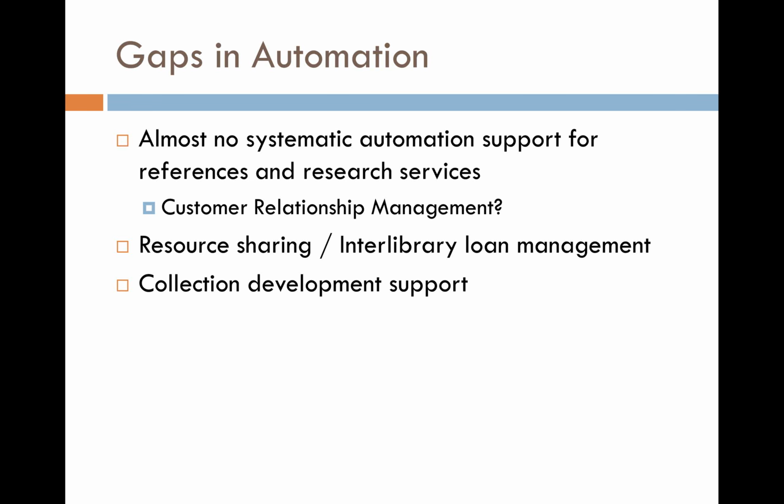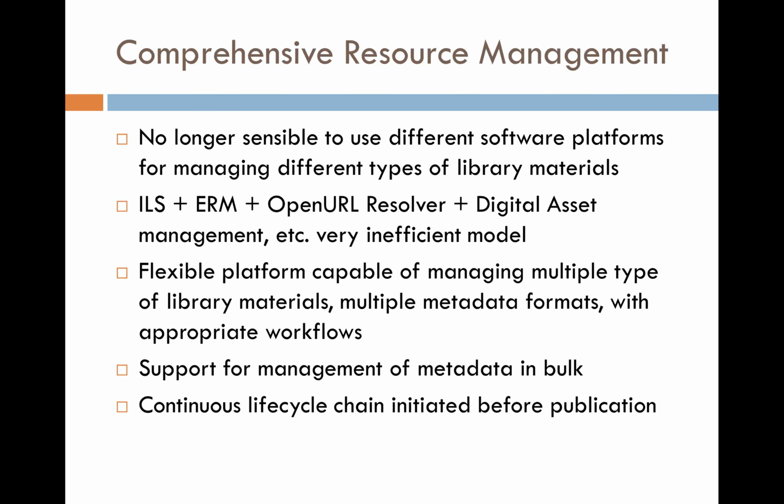So what I'm looking for is something that's more comprehensive in the way that it manages libraries and their operations and their collections. It just isn't tenable to have all these different pieces and parts that don't work together well in order to be able to automate what an academic library does today.